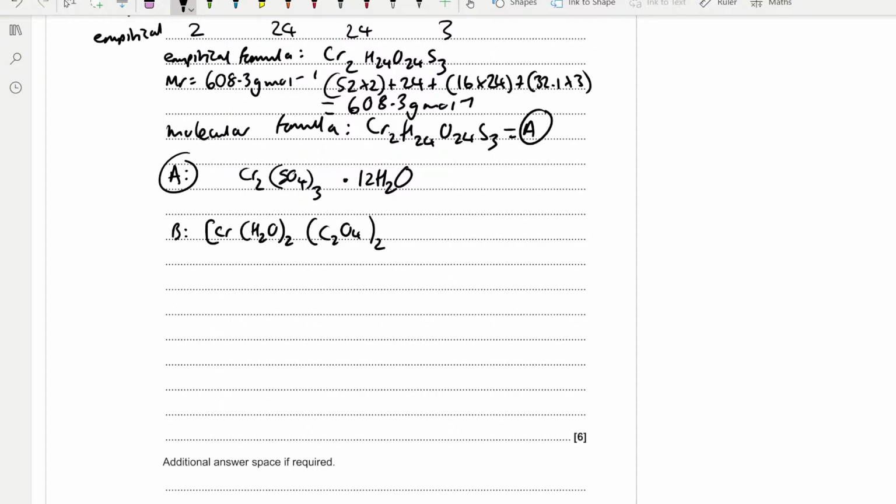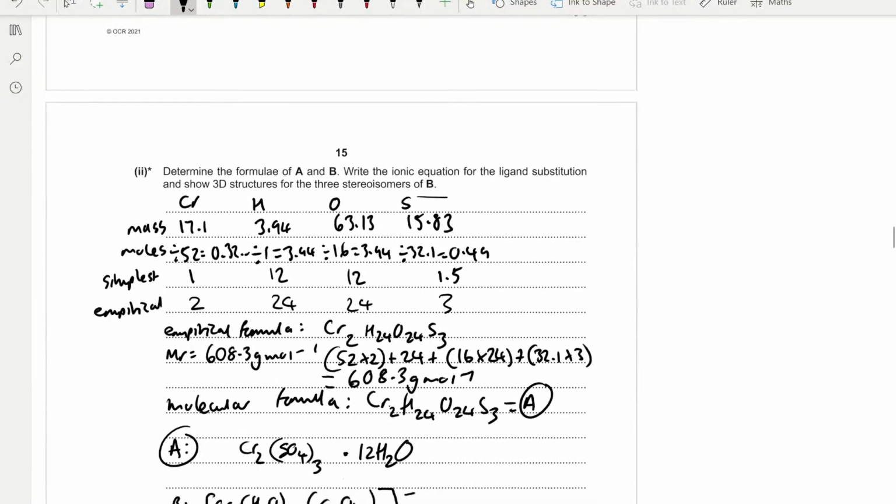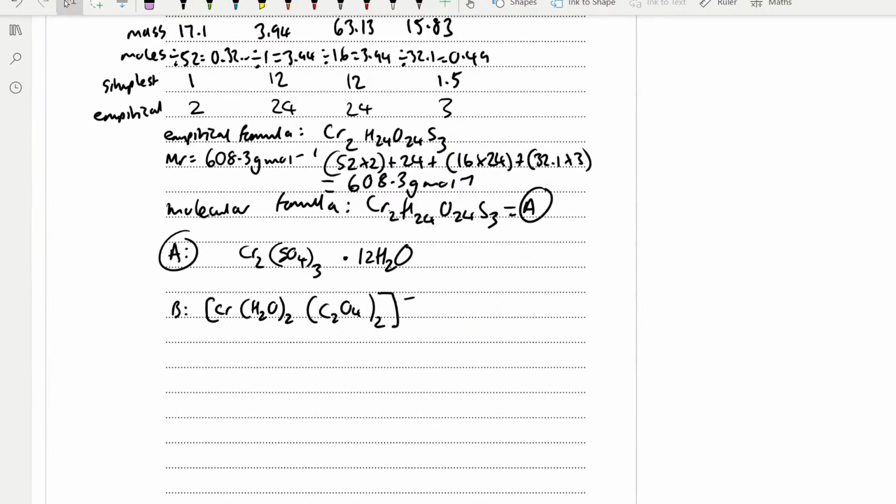Each of these C2O4 2- ligands has a 2 minus charge. So we have Cr3+, so that gives us a minus 1 charge overall, because they each have 2 negative oxygens.